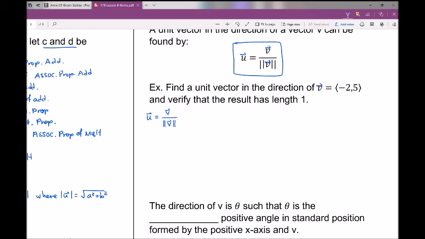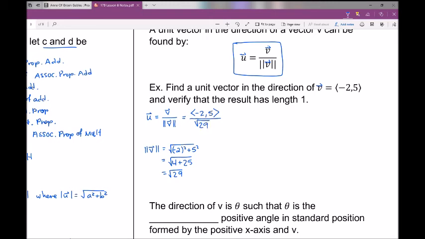Our vector v is negative 2, 5, and for the magnitude of v, we have the square root of negative 2 squared plus 5 squared. So we have the square root of 4 plus 25, which is the square root of 29. So that is our magnitude of v, and we're going to divide this vector by the square root of 29.